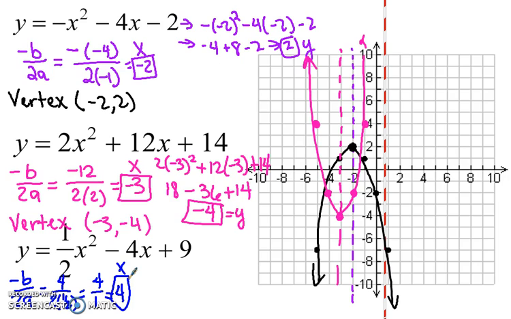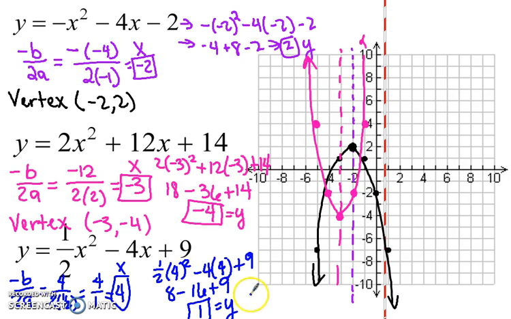Then our y, by plugging it in, we get half of 4 squared minus 4 times 4 plus 9. So we get 16, half of that is 8, minus 16 plus 9. So we're going to get 1 for our y. So our vertex is 4, 1. So that is our axis of symmetry at 4.